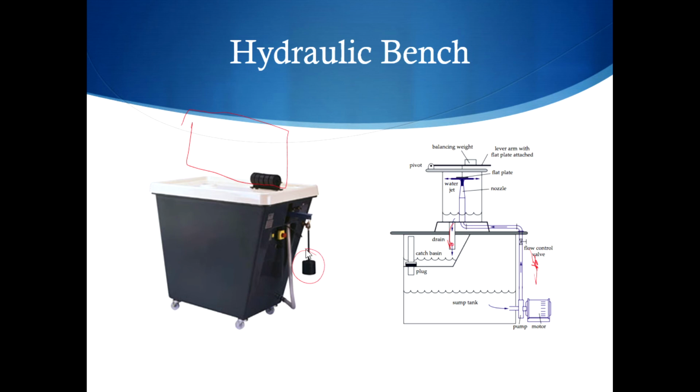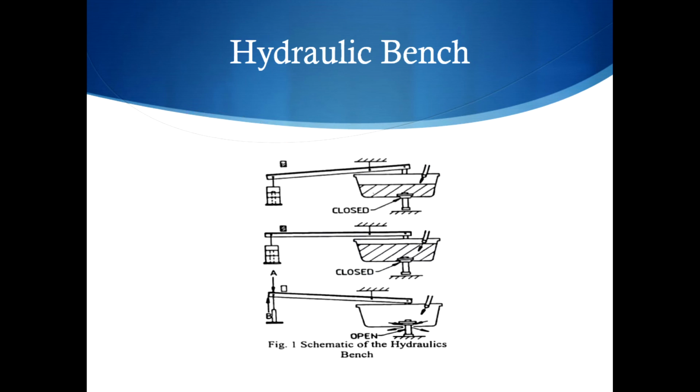Here we have our known weight, and the way we calculate the flow rate is that we have a known weight, and we also calculate a time, and with a weight and a time we can calculate our flow rate.